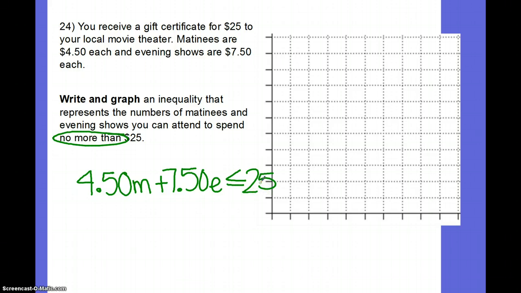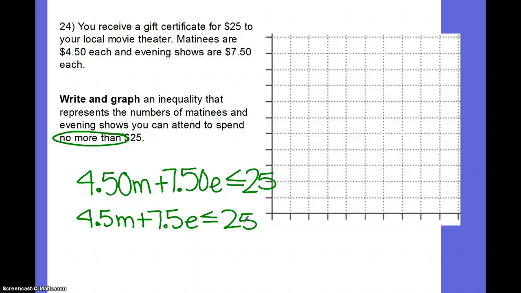So from here, you've got 4.5m plus 7.5e, less than or equal to 25. You can still solve for e.